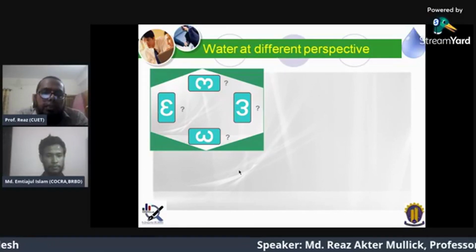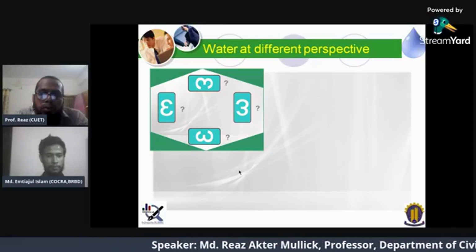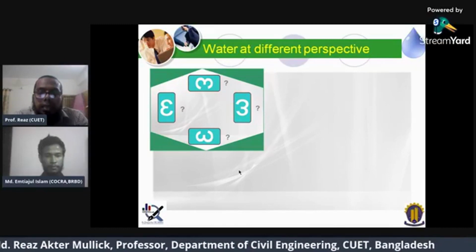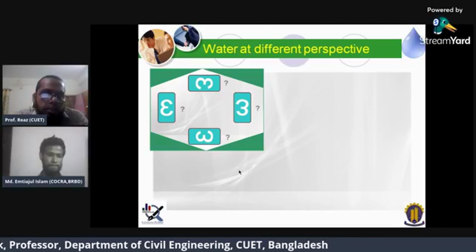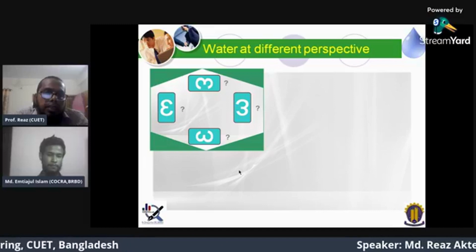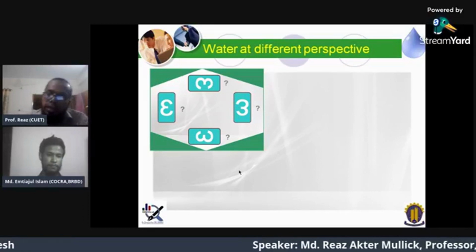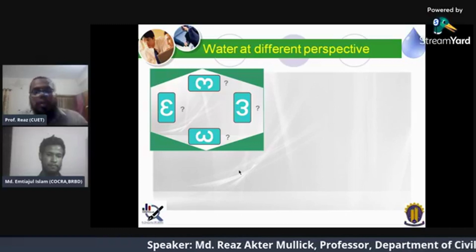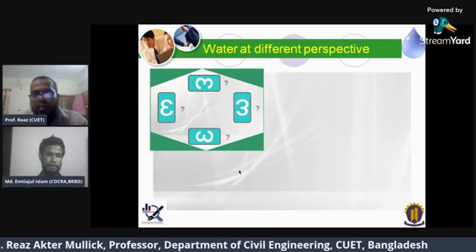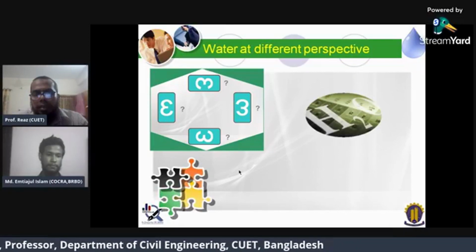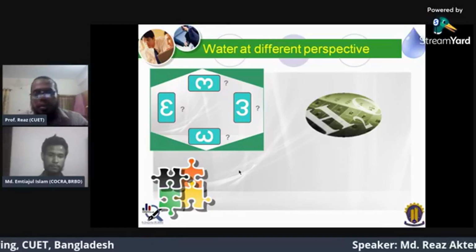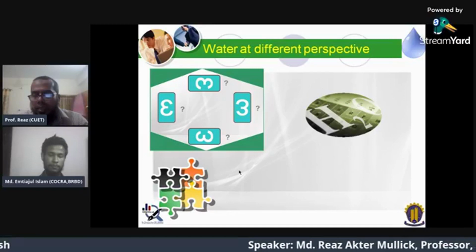Water can be seen from different perspectives. A person in a household may be thinking about the water supply in his or her house, but a political leader might be thinking about water from a different angle, as a development issue or development tool for the entire country. So water is in fact an integrated part of the development of the entire society and the country.